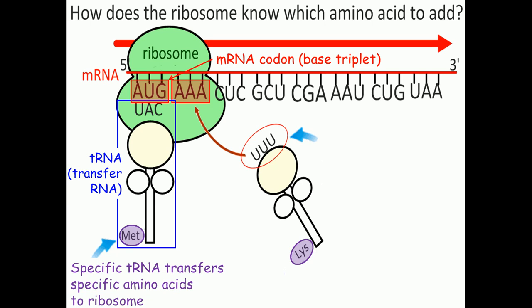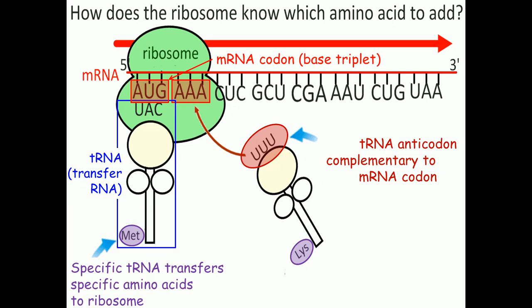And to make sure that the correct tRNA molecule is transferring the correct specific amino acid, these tRNA molecules not only contain the amino acid, but they also have a tRNA anticodon. And that anticodon is complementary to the mRNA's codon.